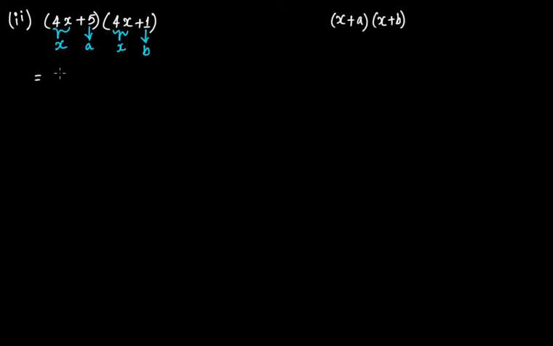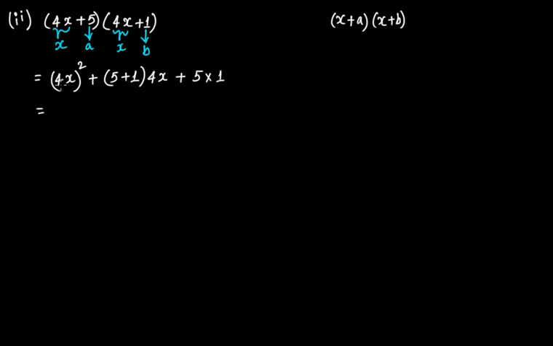x squared, so this is (4x) squared, plus (a plus b) means 5 plus 1 multiplied by x. So here our x is actually what? 4x. Okay, then plus ab means plus 5 multiplied by 1.